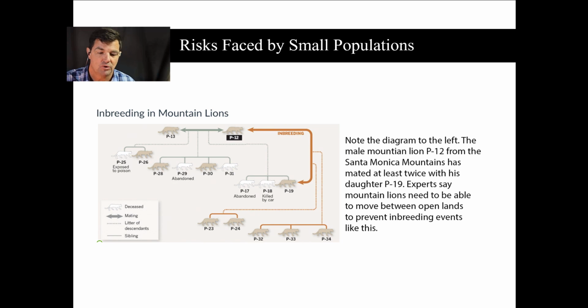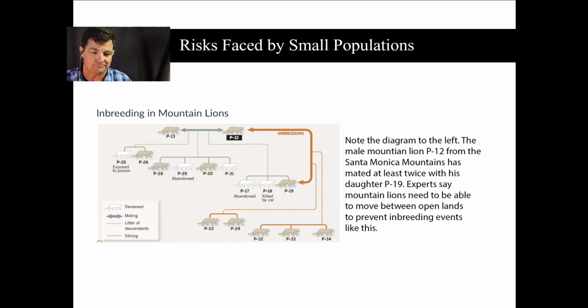What ended up happening in this case is they produced 3 offspring, but because the population size is so low, the individual known as P12 ... and the P, by the way, if you didn't pick up on this already, is the letter that represents the genus of the mountain lion, which is a puma, and the number is the number of individuals they have radio collared.